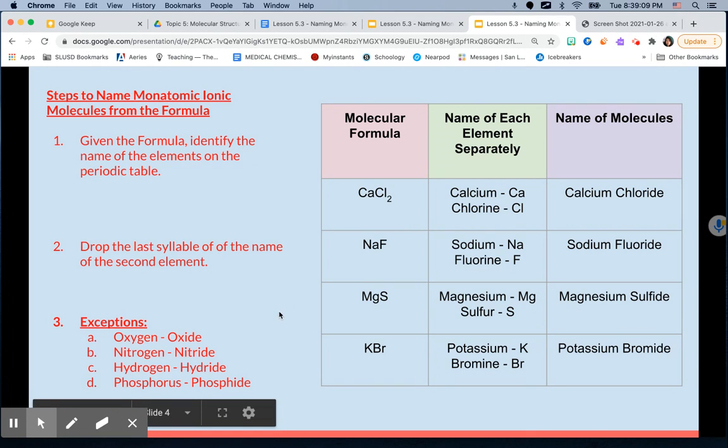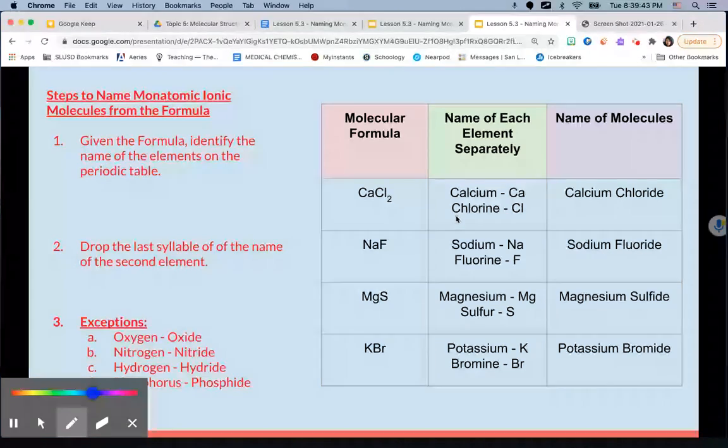In general, the steps to name a monatomic ionic molecule based off of the formula: step number one is just to find the names of what Ca and Cl are on the periodic table. And then the tip for the "ide" part is to drop the last syllable and then add "ide" to it. Let me show you how that works. If I sound this out, it's chlorine.